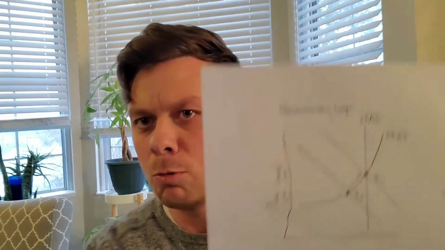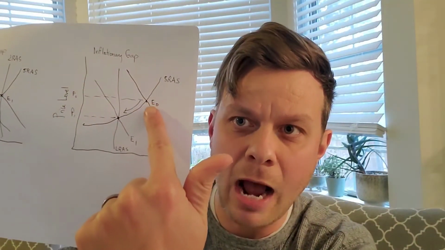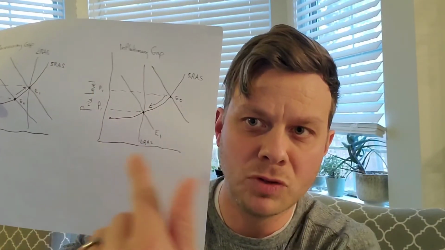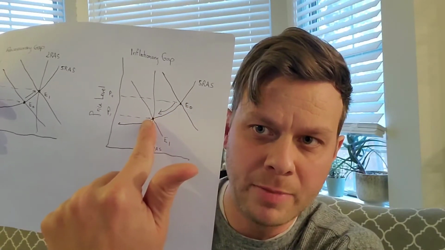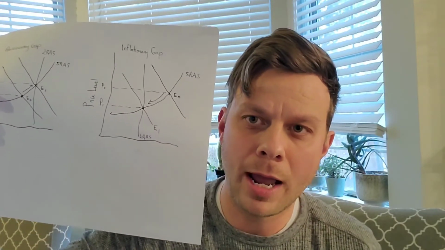Graph-wise, that's going to look like this, where we are now in equilibrium subscript 0, which is outside of our long-run aggregate supply. Their goal is to bring our price levels down and back in equilibrium E subscript 1 with LRAS.